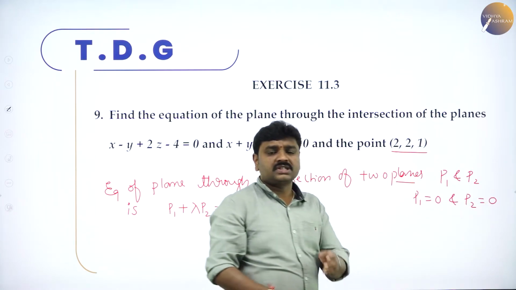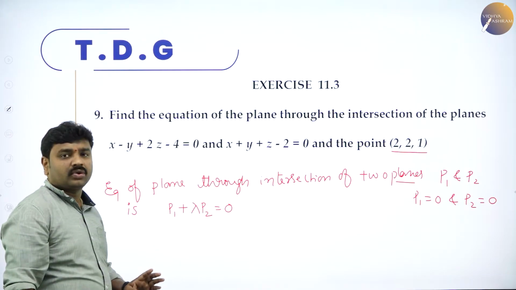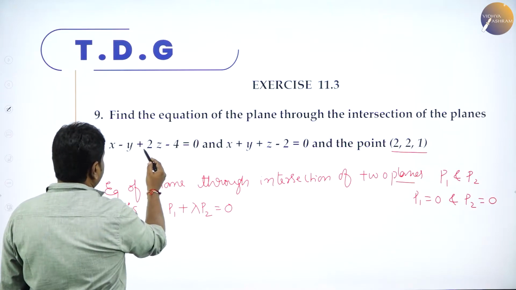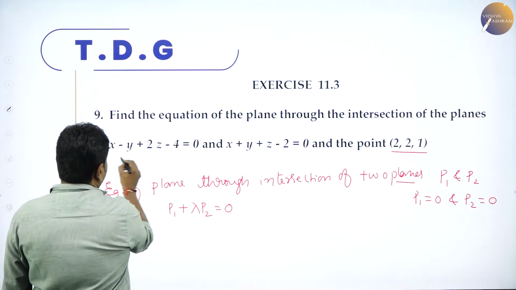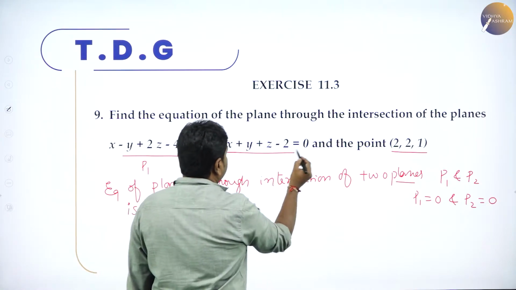If I give two planes, the equation of the plane through the intersection of the two planes is given by P1 plus lambda P2 equal to 0. Now P1 is given: x minus y plus 2z minus 4 equal to 0. This is the first plane P1, and they gave the second plane P2.